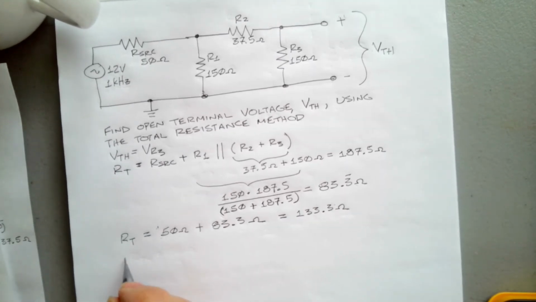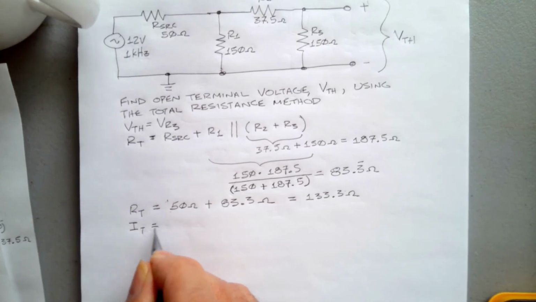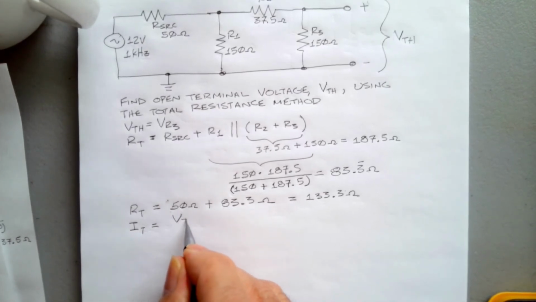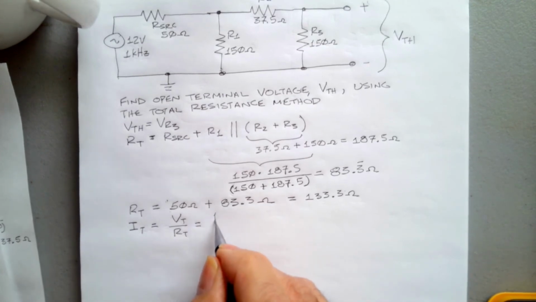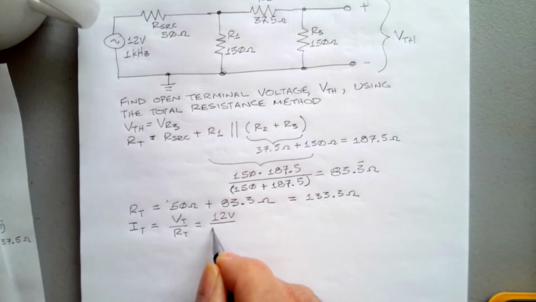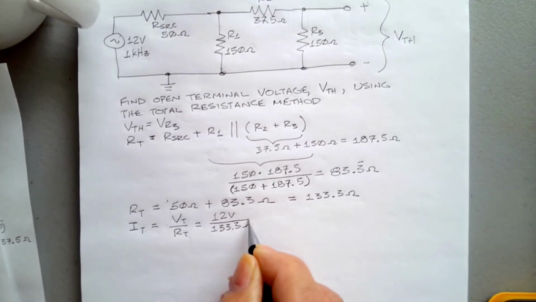The next thing we want to find is I total, which is V total divided by R total, equal to 12 volts divided by 133.3 ohms.